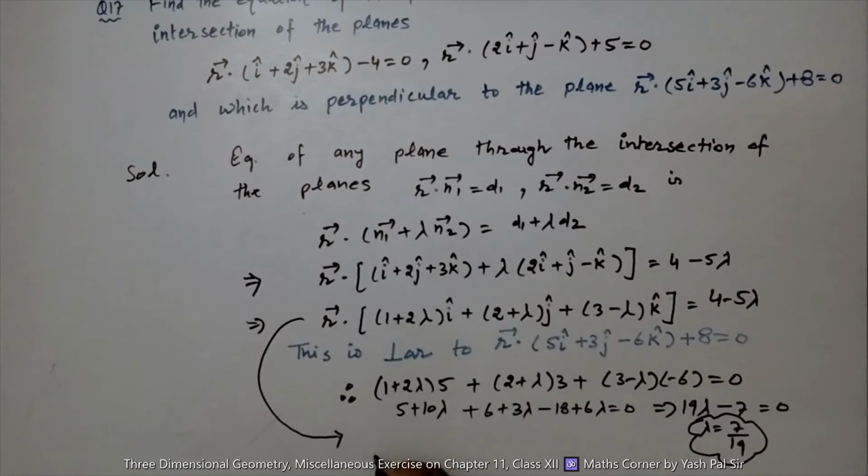So the required equation becomes r dot (1 plus 14 upon 19) i plus (2 plus 7 upon 19) j plus (3 minus 7 upon 19) k is equal to 4 minus 35 upon 19.